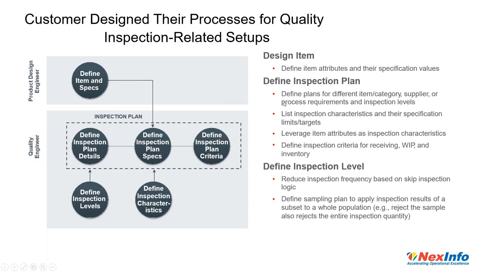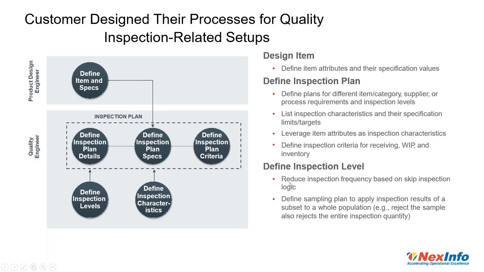And once those item attributes and the inspection characteristics were defined, they defined the inspection plan for different item categories, suppliers, or process requirements, and the inspection level. So you list all the inspection characteristics and the specification limits or targets, and we leverage the item attributes as the inspection characteristics as well as ad hoc inspection characteristics, and then define inspection criteria for receiving, WIP, and inventory inspections.